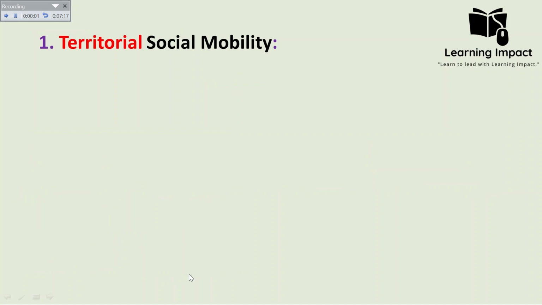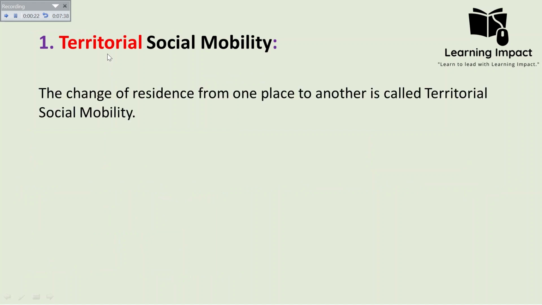First, we will discuss territorial social mobility. If you pay attention to the term territorial, it refers to a territory. It is a movement of an individual or a group of people from one condition to another, but that condition is in the context of territory, in the context of residence. So the change of residence from one place to another is called territorial social mobility.